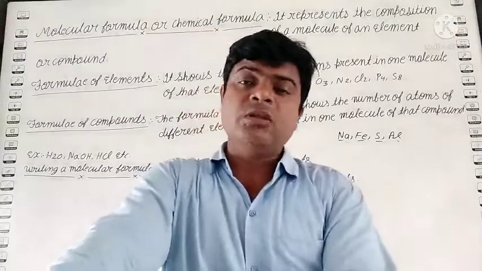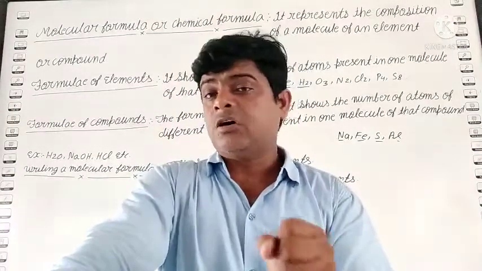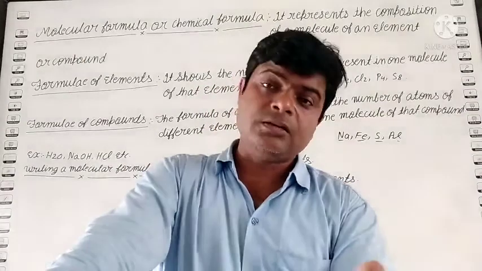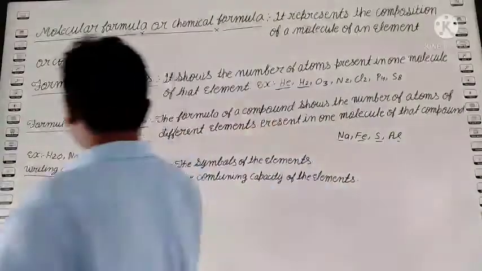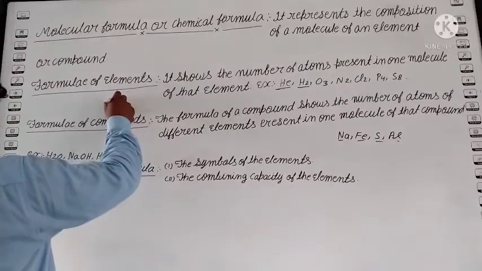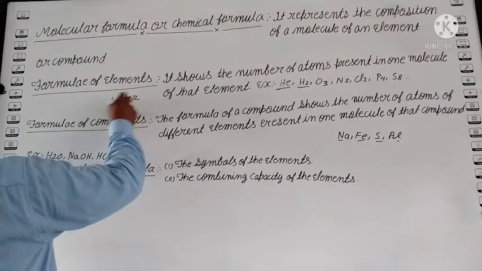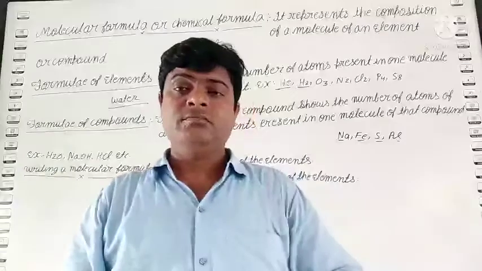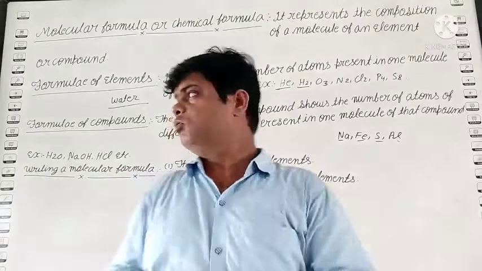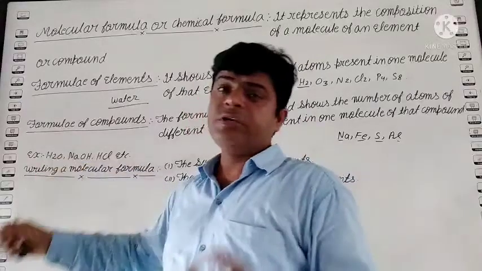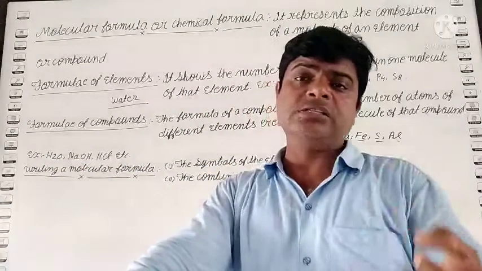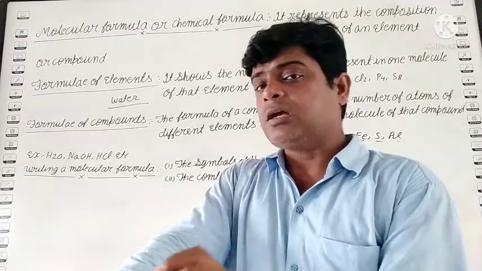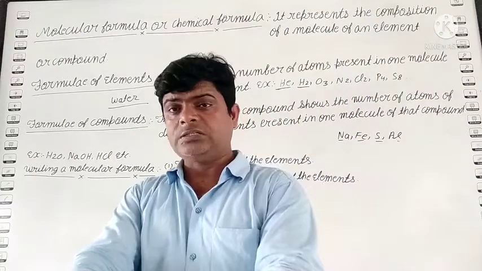With the help of the formula we easily identify how many atoms are present and what their composition is. If we write only water, it is very difficult to identify how it is formed. But when we write H2O, we easily identify that 2 hydrogen and 1 oxygen join together to form the water molecule. One molecule of water consists of 2 hydrogen and 1 oxygen.